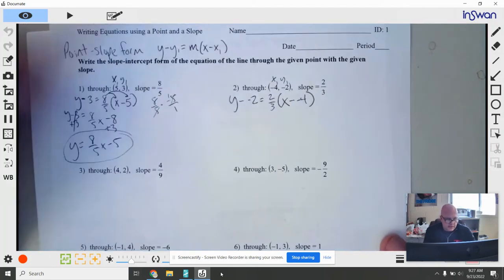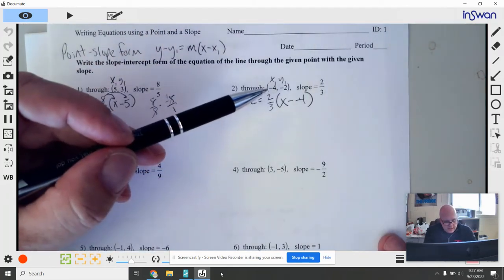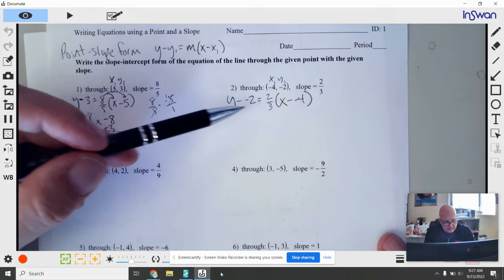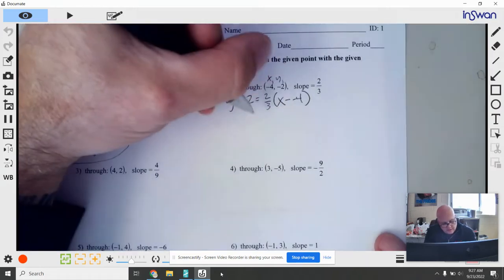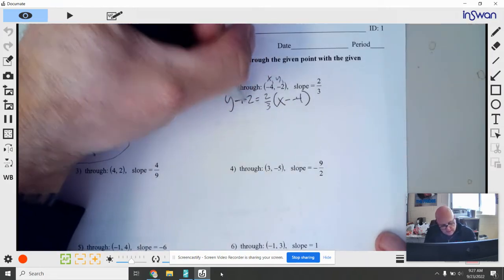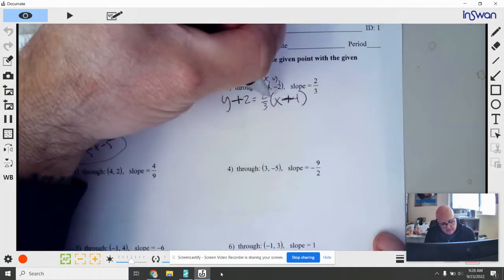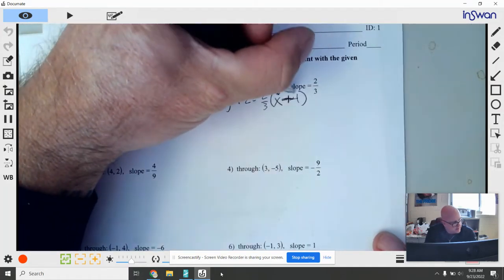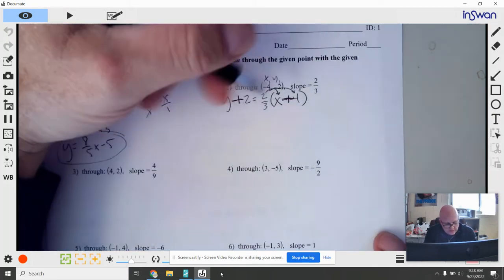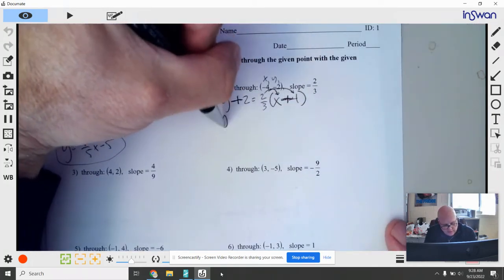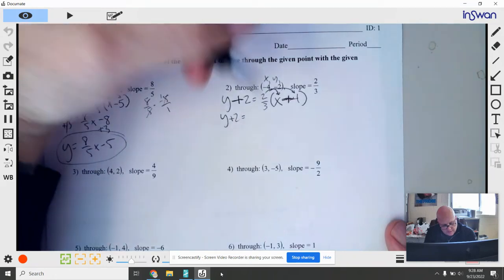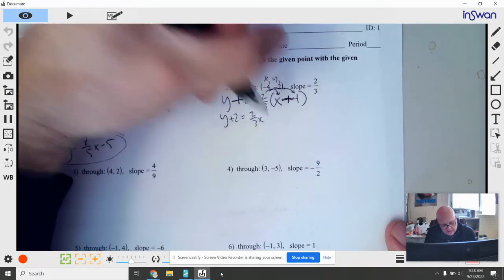Okay, so in this case, when our values are negatives, you're going to have a double negative situation going on here. So again, that's going to make a positive because of the double negative. And then we're going to distribute. Okay, so then I rewrite y plus 2 equals 2/3 x.